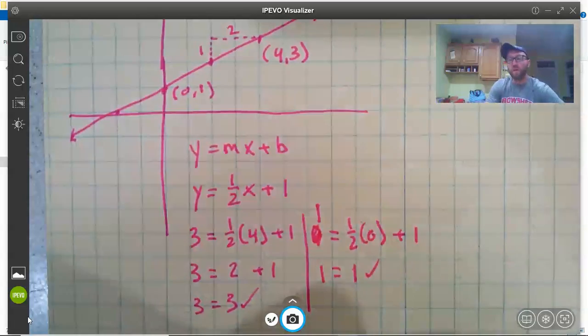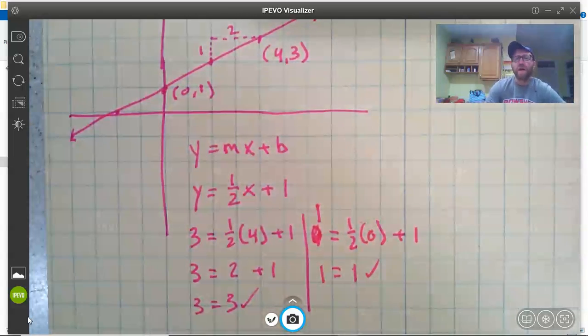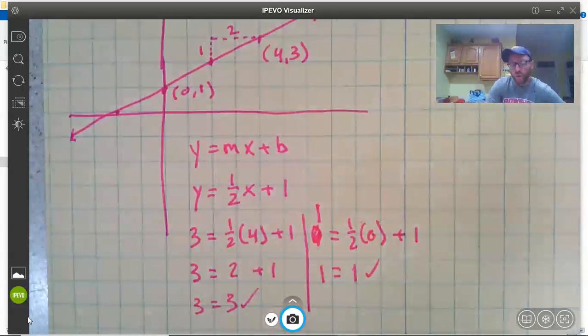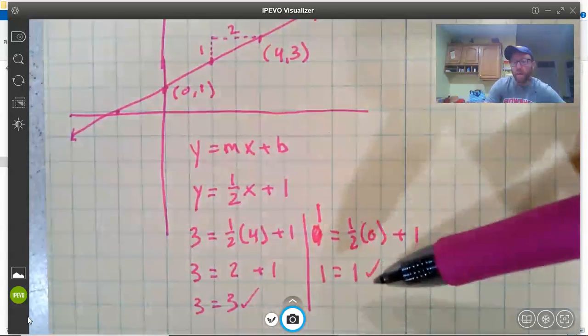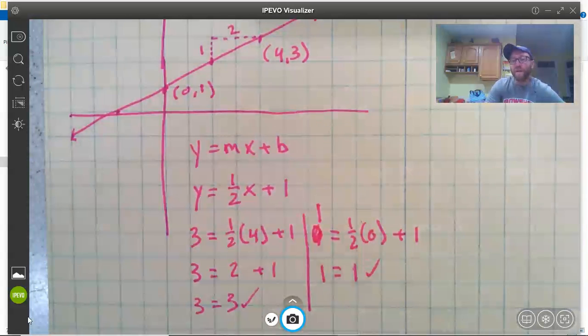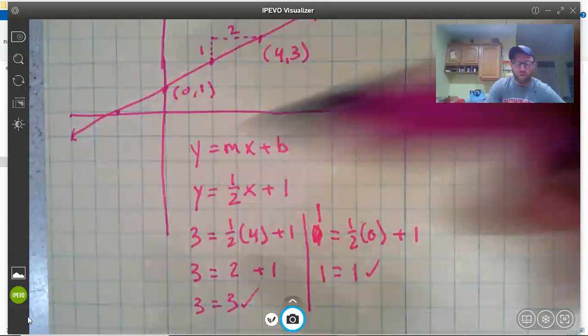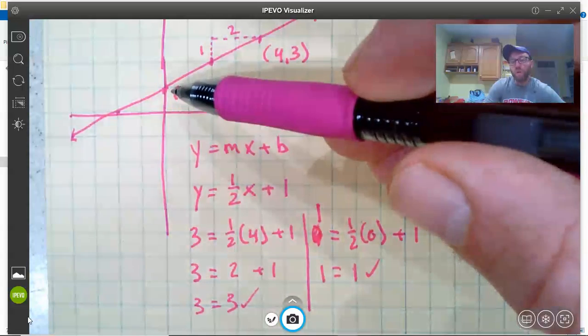So what we want to come up with is another way of writing this statement. It's still going to be a statement, an equation that's true for every point I want to plug in, but we're going to write it in a different form. The reason is that this different form, called point-slope, is useful when you don't know what the y-intercept is.